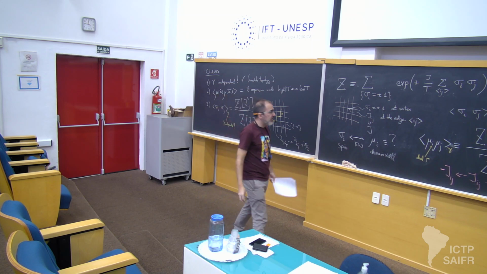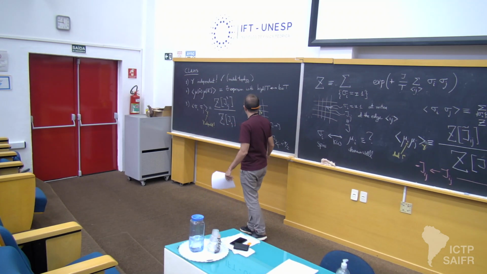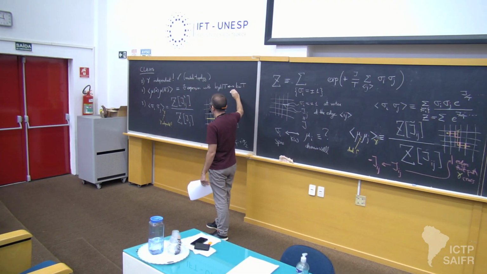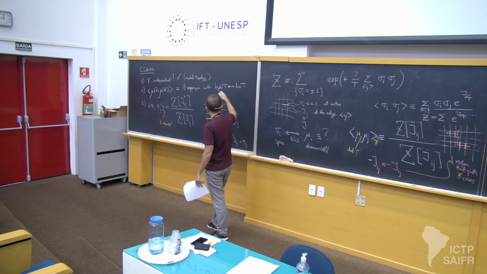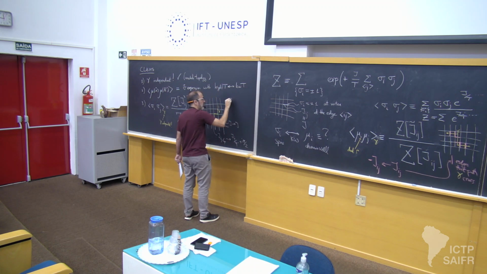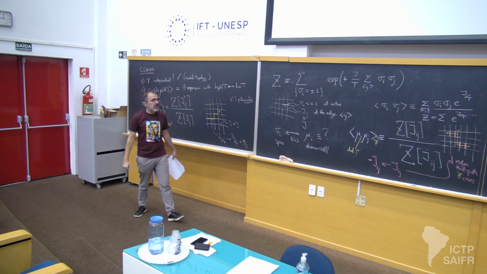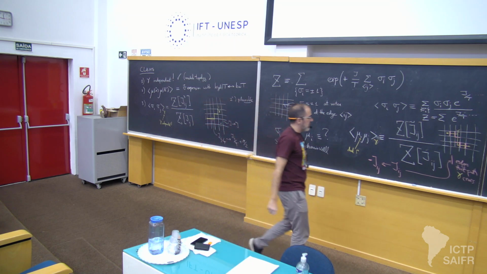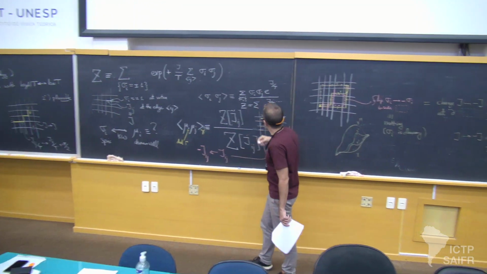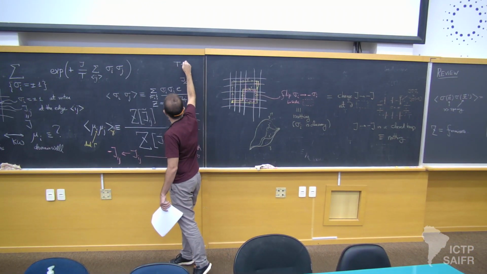Now, before we derive this result, let's see why it looks correct, why it looks plausible. So let's do some checks. For example, suppose you send t to infinity.